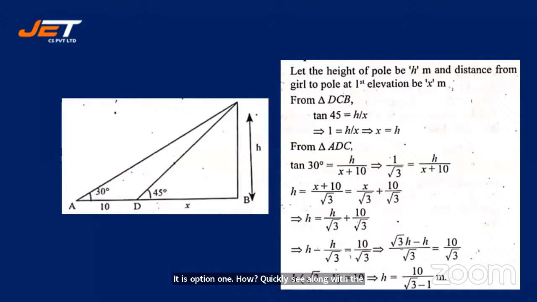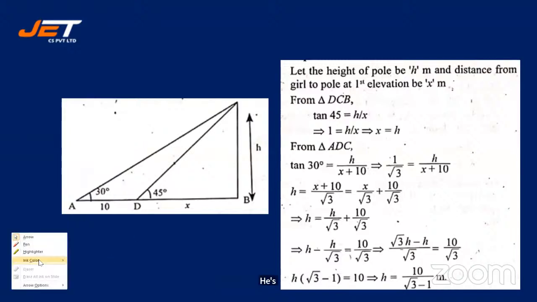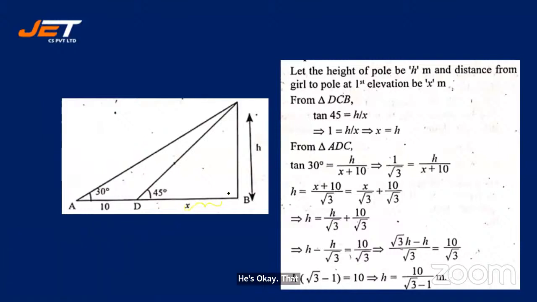Let the height of the pole be h meters and the distance from the girl to the pole at first elevation be x. We are assuming it to be x here.